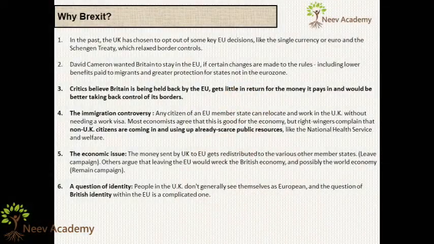So the major issues are three. The first is the immigration controversy. What is the immigration controversy? A citizen of an EU member state can relocate and work in the UK without a work visa. As I said, anyone from the entire EU can settle in Britain and work. He does not need a work visa.